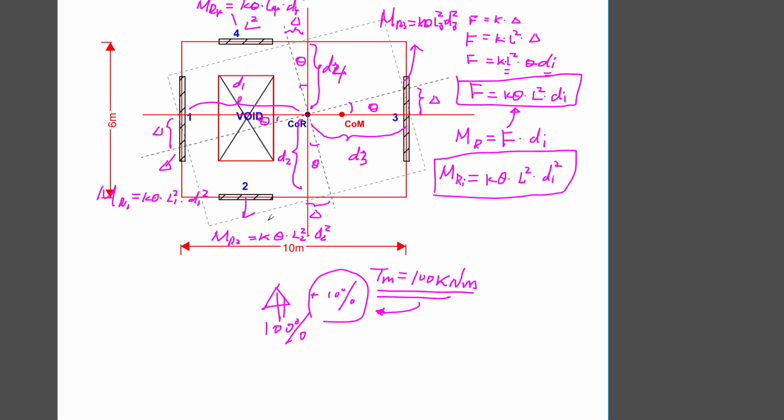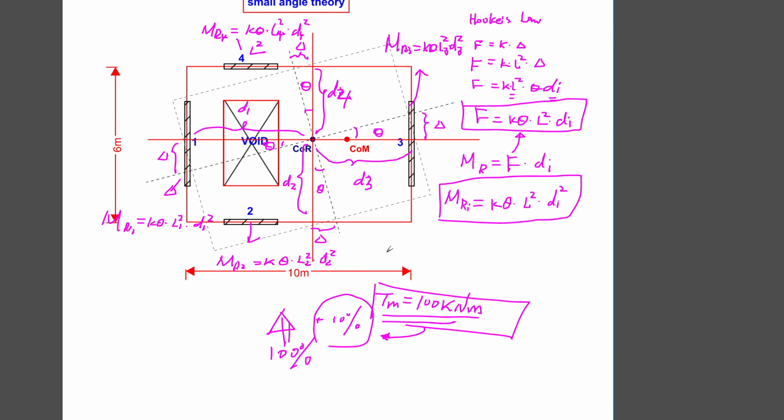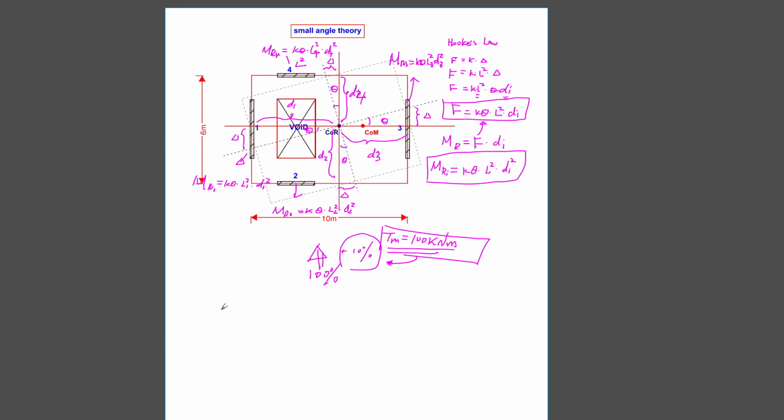Okay, so we've got all the resisting moments combined together, resisting the total torsion moment. We can write the equation below. So we have the summation of the resisting moments: resisting moment 1 plus resisting moment 2 plus resisting moment 3 plus resisting moment 4, and that is equal to my total torsion moment, which is 100 kilonewton meters.